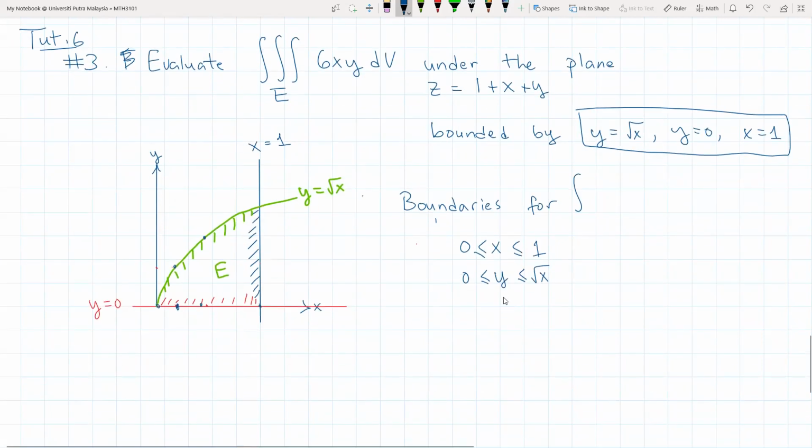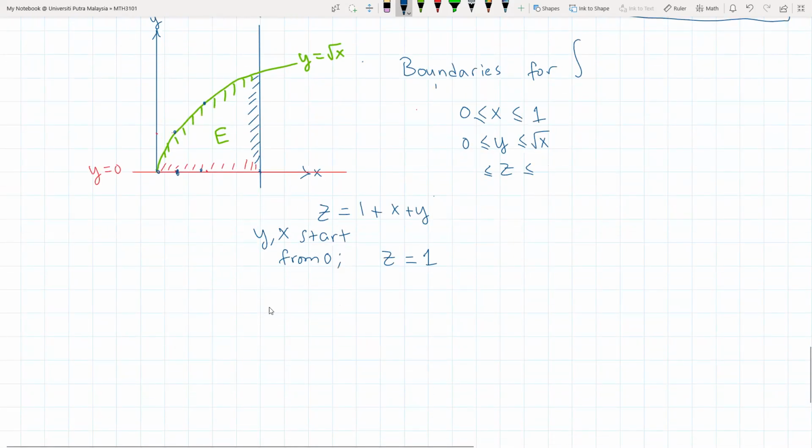And how about z? So z corresponds to the boundaries in x and y. So you can see that z equals to 1 plus x plus y. So when x and y start from 0, you can see that z equals to 1. Z starts from 1.